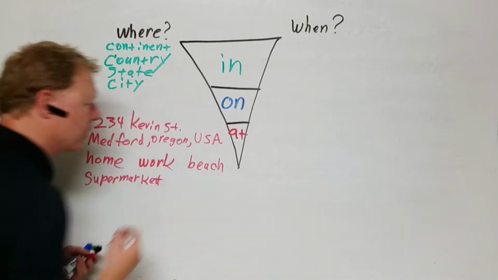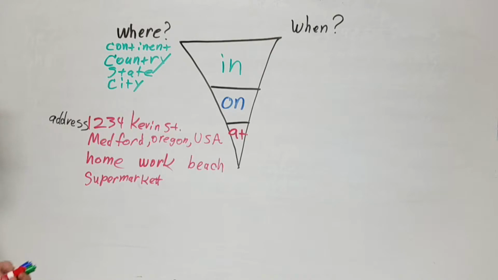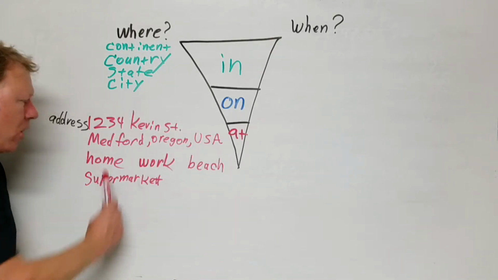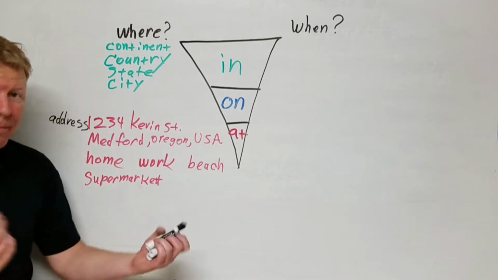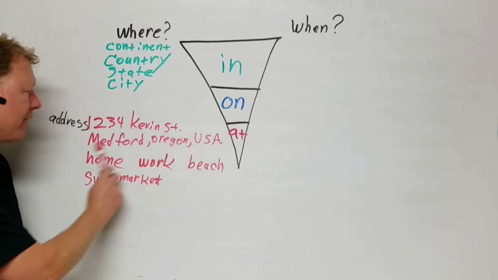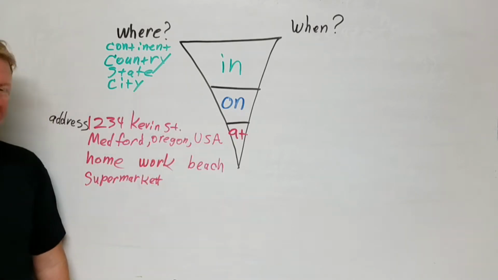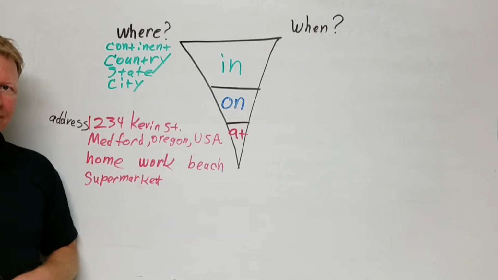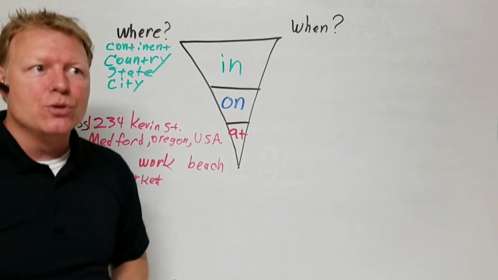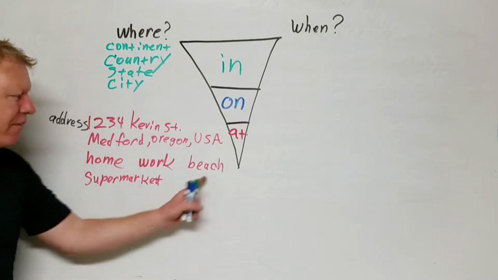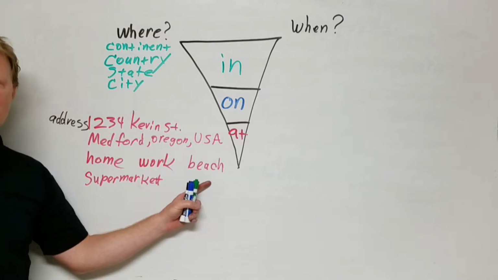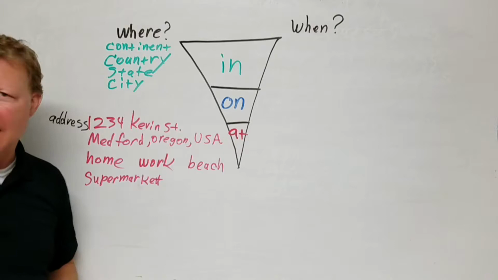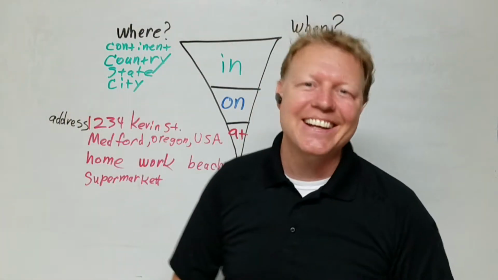Oh, I love to go to the beach, right? Maybe I'm at the beach, at work, at home, at the supermarket. However, maybe I'm at 1234 Kevin Street, Medford, Oregon, USA. You hear all those ats? That's what we use. At. Now, I don't need to know the address of the beach to say that's where I am. I hope not. I don't know the address of the beach.